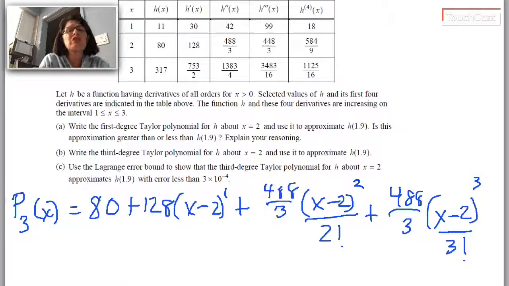This is the third degree Taylor polynomial. Notice my notation, p sub 3 of x. I haven't replaced x with anything.